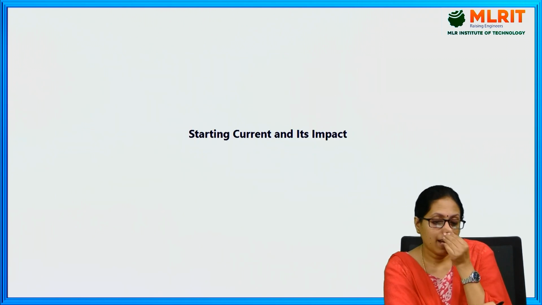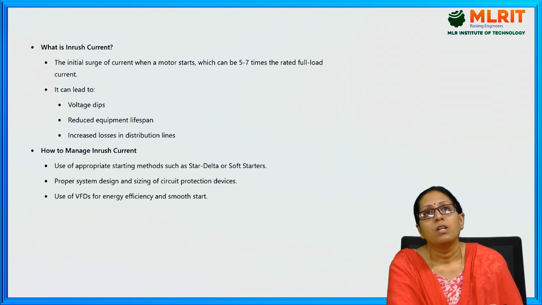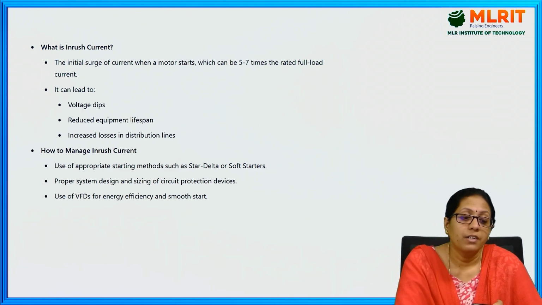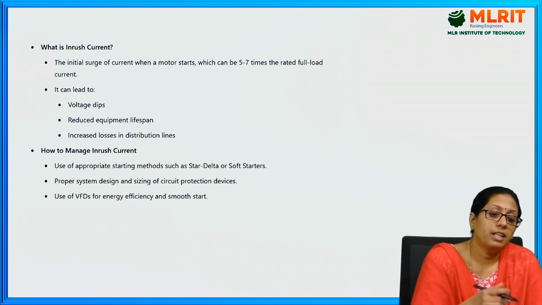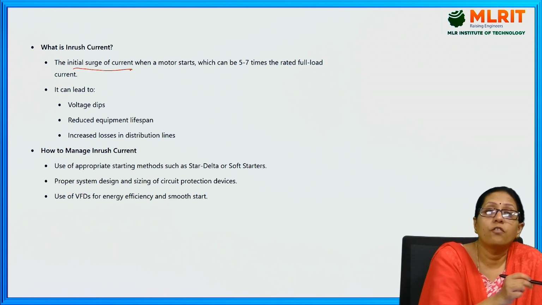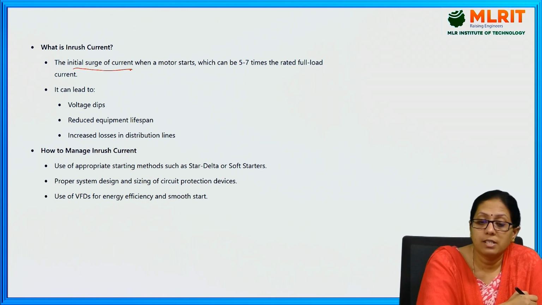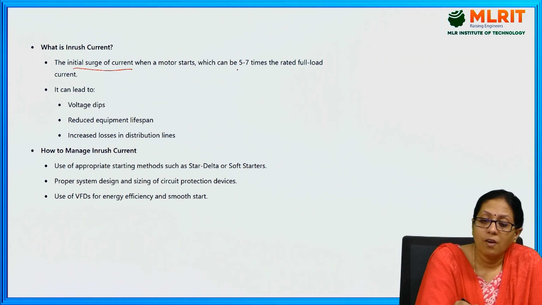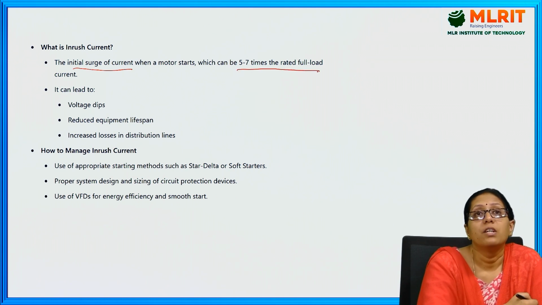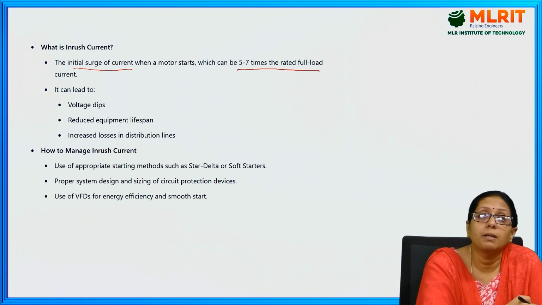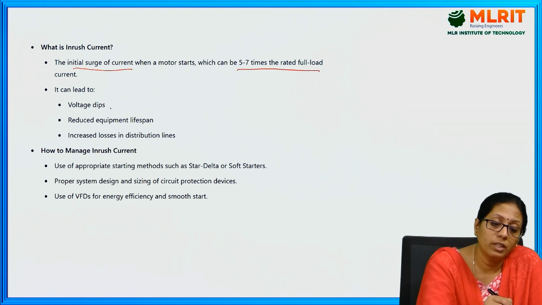Starting current and its impact. What is an inrush current? Inrush current is nothing but the starting initial current. The initial surge of current when a motor starts, which can be 5 to 7 times the rated current. It is nothing but the inrush current. It can lead to voltage dips.